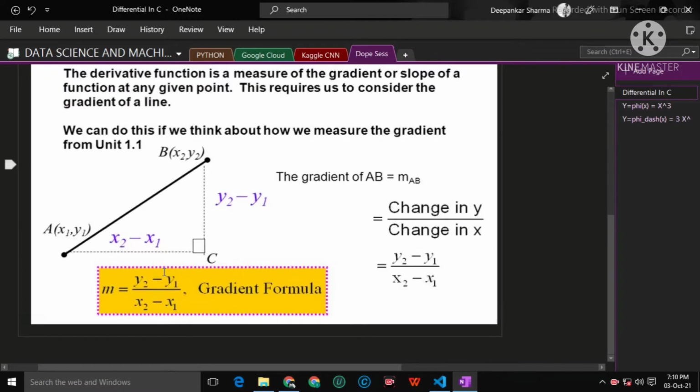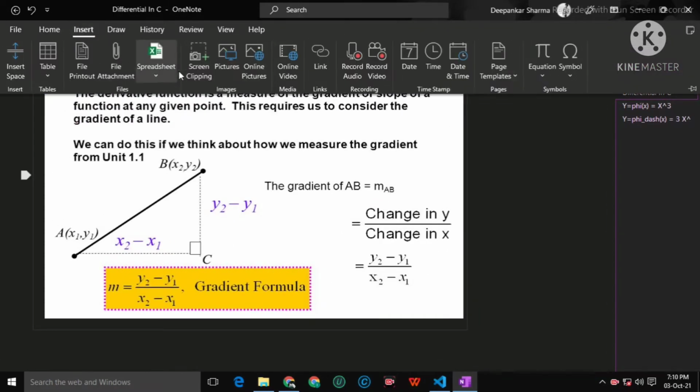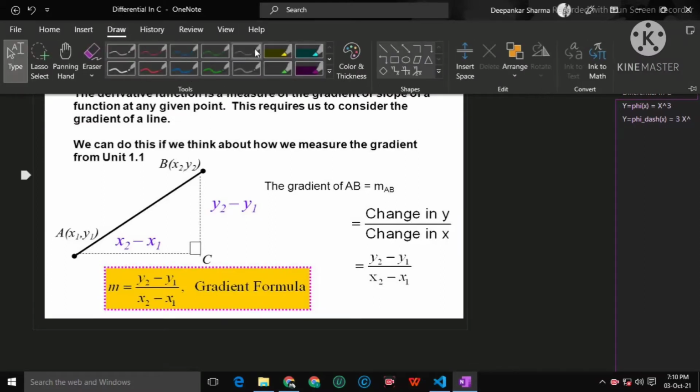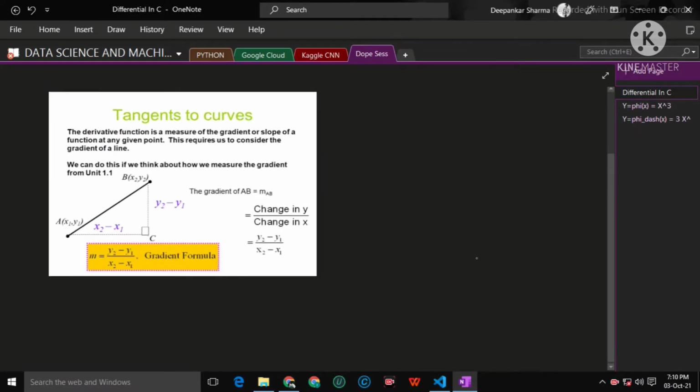Now in my notebook, I'm going to show you how the equation of a tangent works. We have this right angle triangle, and I expected you to know trigonometry, so I'm going to pick up a marker. Just look here, we have this right angle triangle, and this is the angle theta, and tan theta is given by perpendicular upon base.